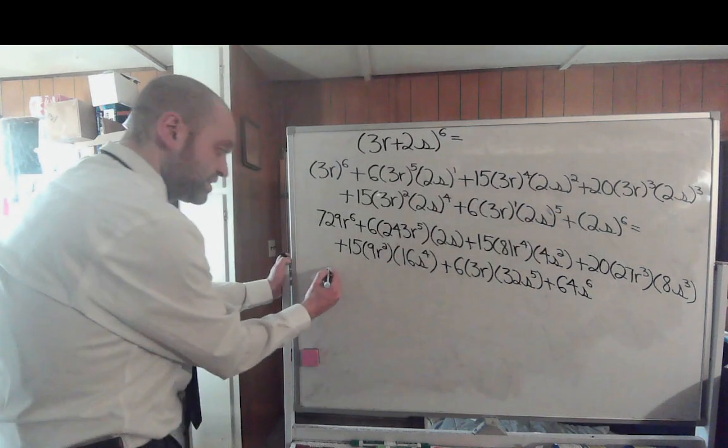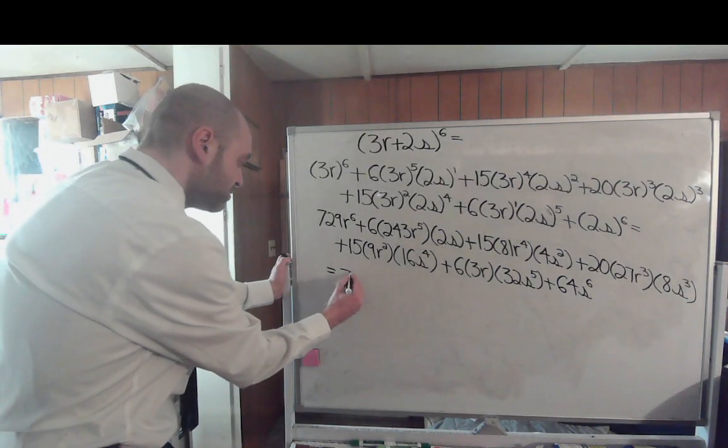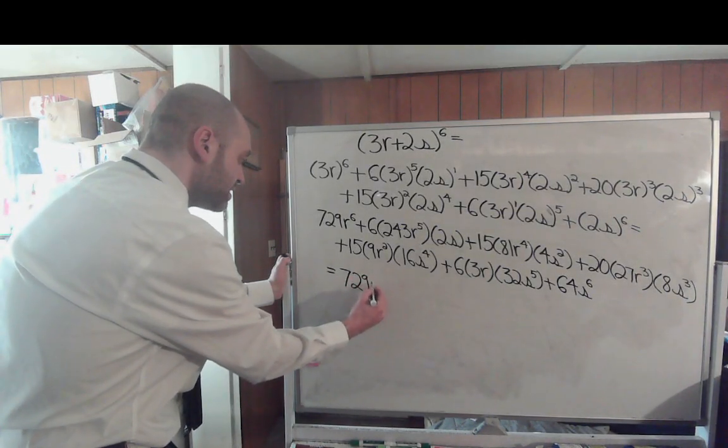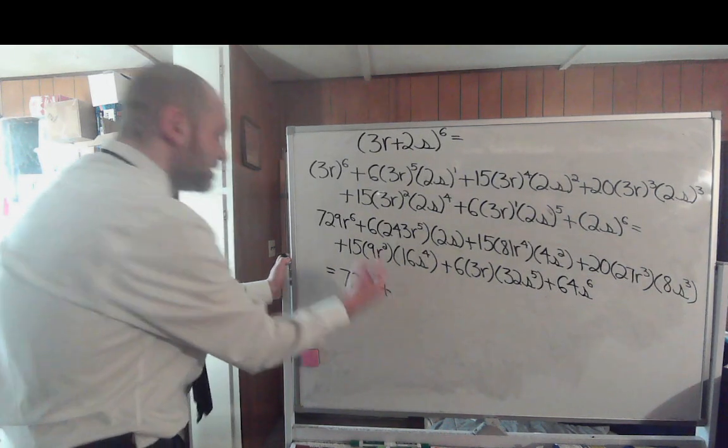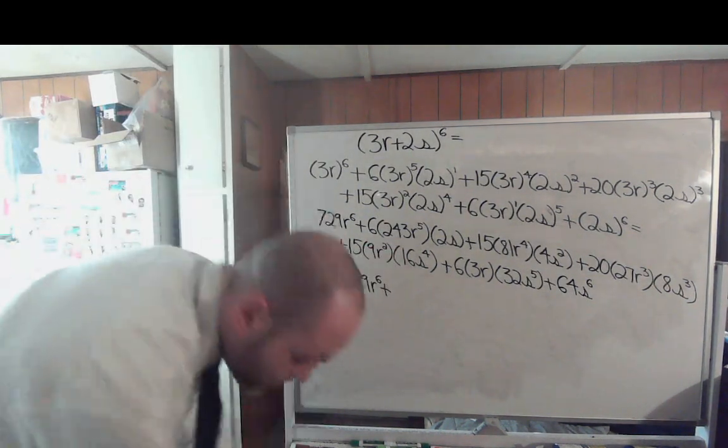Let's simplify this one more time. You'll end up still with 729 r to the sixth, plus, now we got to take all those coefficients and multiply them.